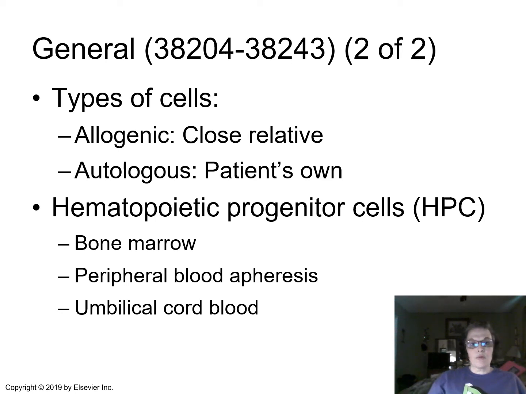Hematopoietic progenitor cells, HPC, are bone marrow, peripheral blood, apheresis, and umbilical cord blood. Autologous cells are collected from the patient and reinfused later into the same patient. I'm going to say that one more time because it's important. Autologous cells are collected from the patient and reinfused later into the same patient.